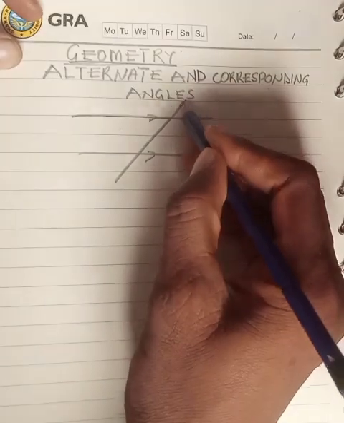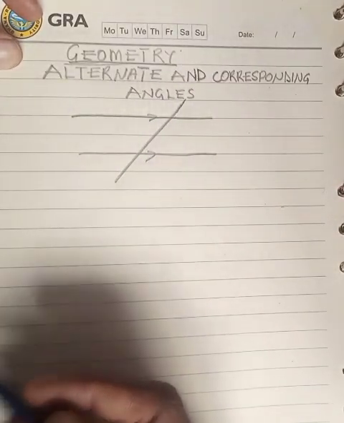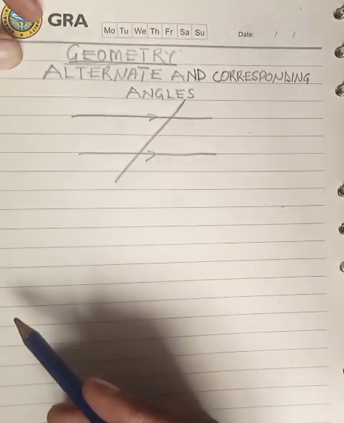So let us now look at the alternate angles from these parallel lines and a transversal.